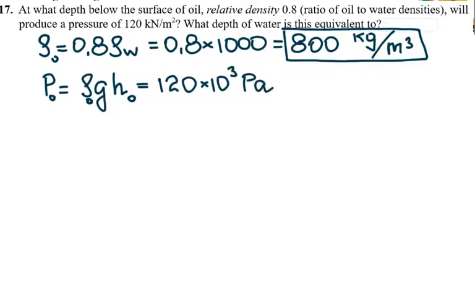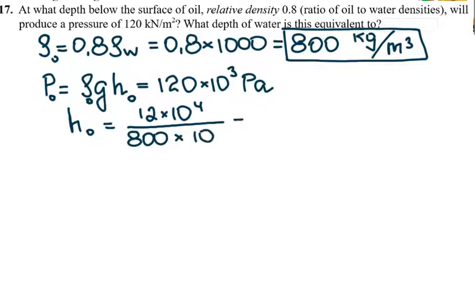So if the density and g are known, I can find the height of the oil that will produce this pressure. So I have 1.2 times 10 to the fifth divided by the density of the oil, which is 800, times g, which is 10. And that gives me 15 meters.